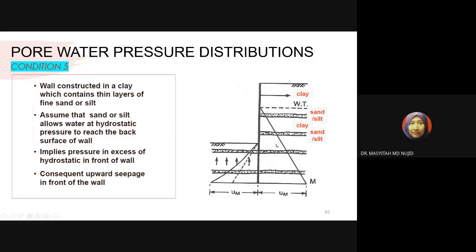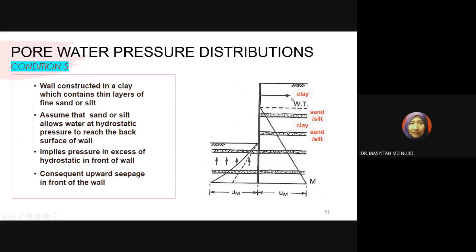So this will be a complex condition where you can see the development of the upward seepage in front of the wall. This arrow head indicates the upward seepage in front of the wall.